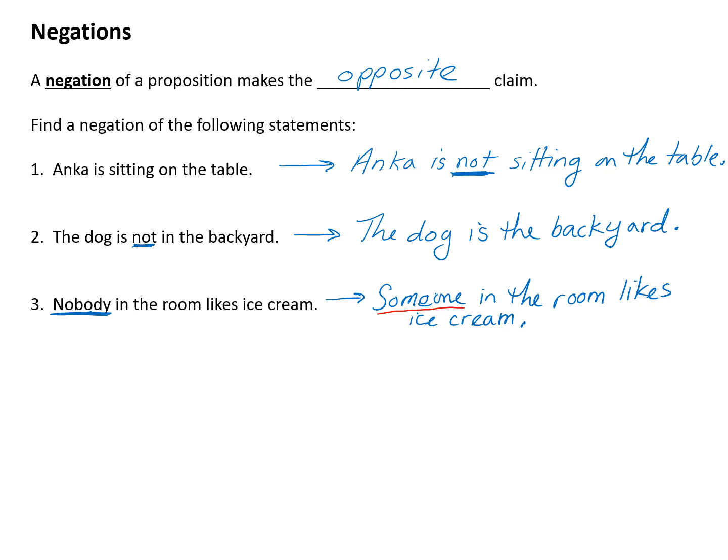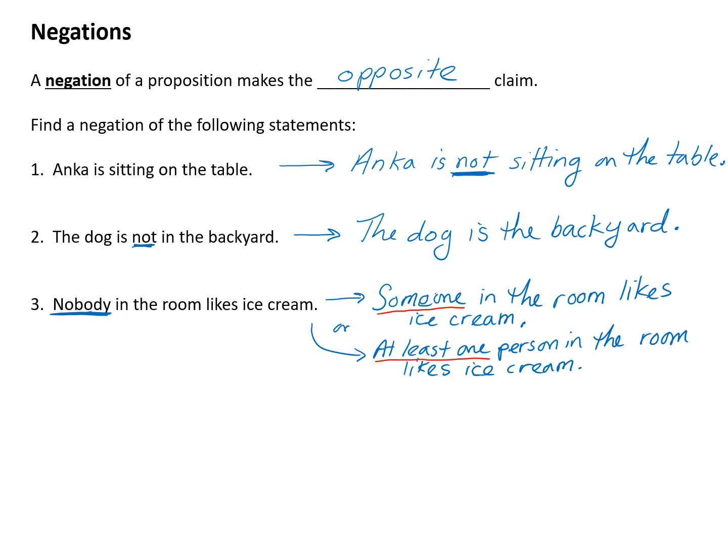Another way to do this that works just as well is to say at least one person in the room likes ice cream. That's another way in the English language to say one or two or three or four or five or everyone in the room likes ice cream.